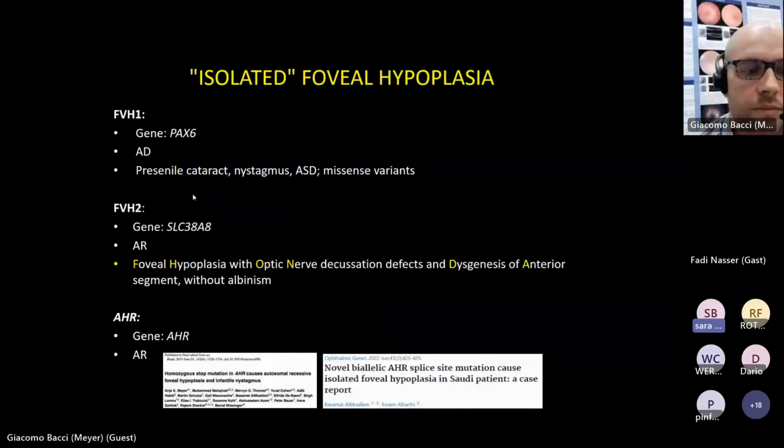Then we have FONDA, as we said before, because this phenotype can be characterized by foveal hypoplasia and optic nerve misrouting without any defects of the anterior chamber. And then we have in literature 2 records of the gene AHR and the allelic mutation associated to isolated foveal hypoplasia with nystagmus.